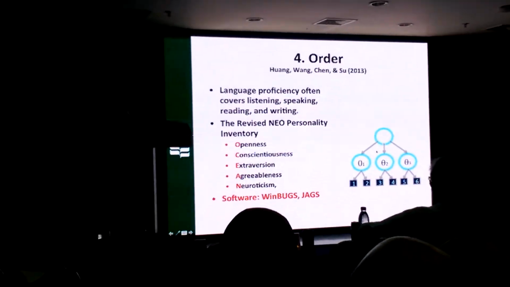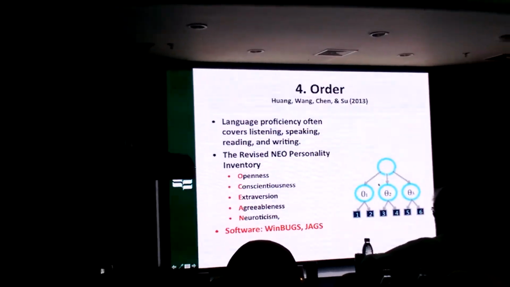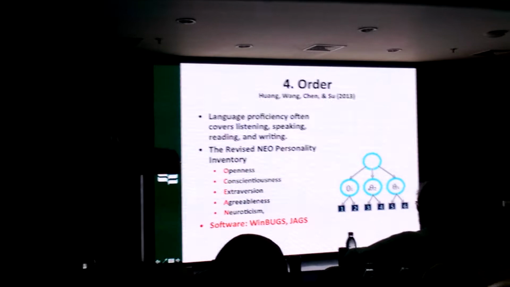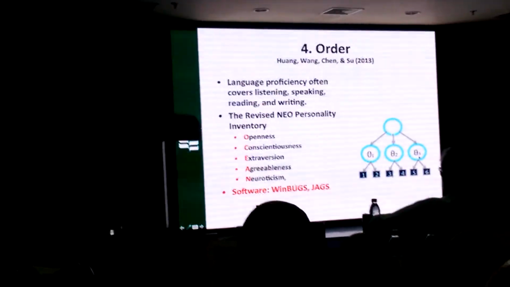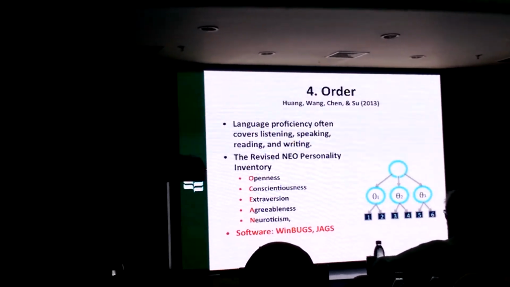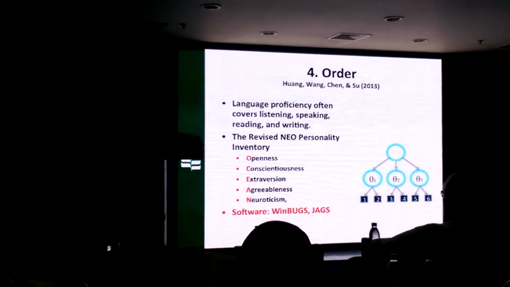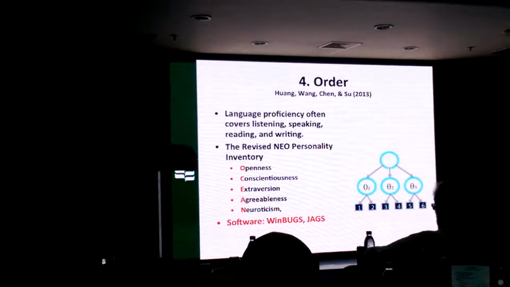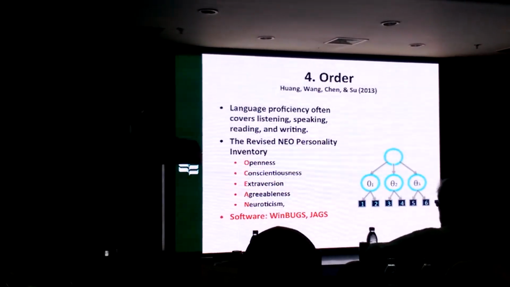One is the general language proficiency, one of the listening ability, speaking ability, and, for example, reading ability, etc. So once you have that kind of structure, then perhaps you can pursue this kind of higher order models, higher order Rasch model. Then we can have software like Winbugs and JAGS. You can do that.